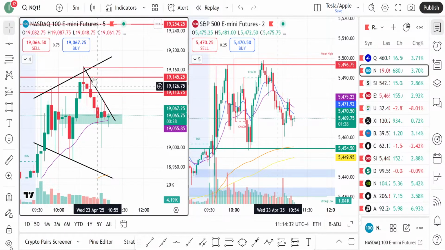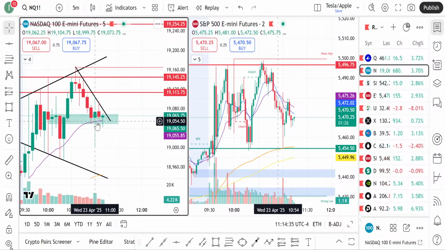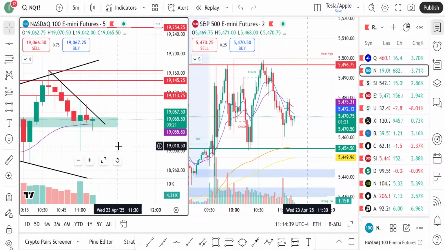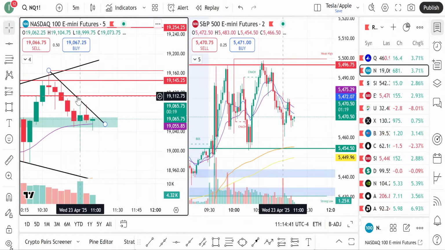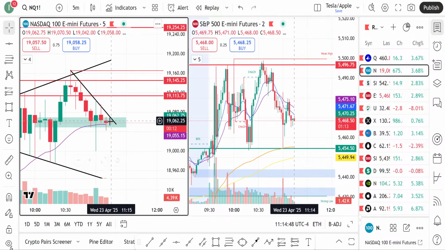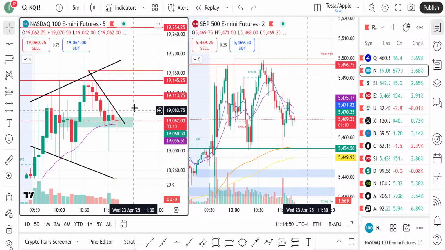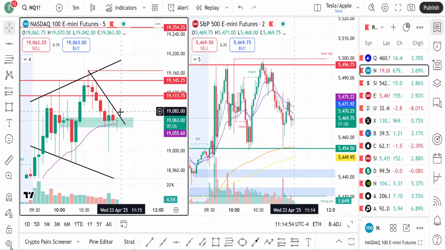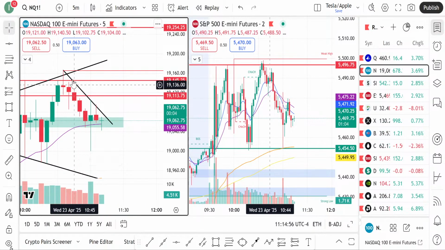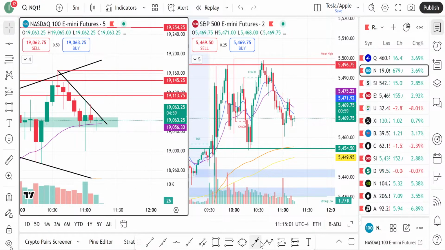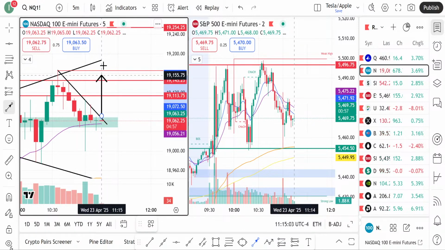Still here waiting for the breakout of this trend line here. Hoping we get this soon because I'm looking to get off the charts. It's just a choppy day, very slow, very choppy. But it'd be nice if we get a clean break on this resistance here. We could potentially go back up to this resistance.